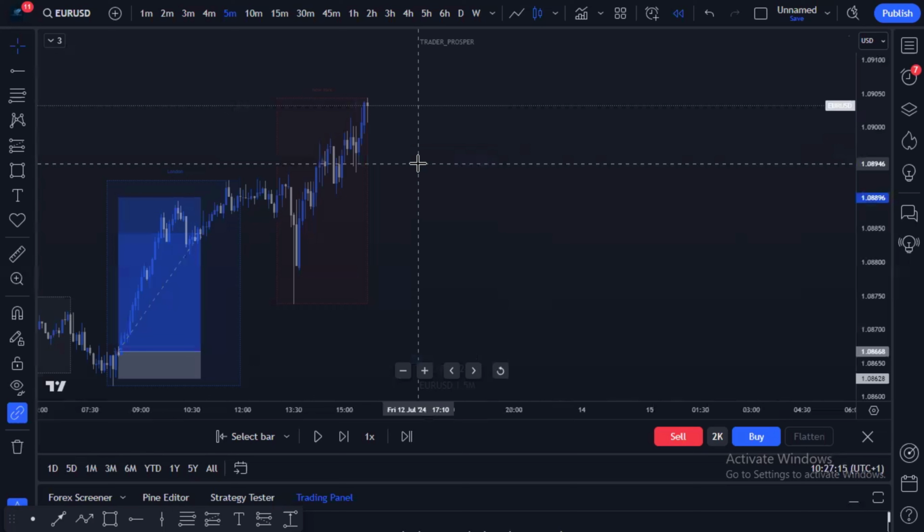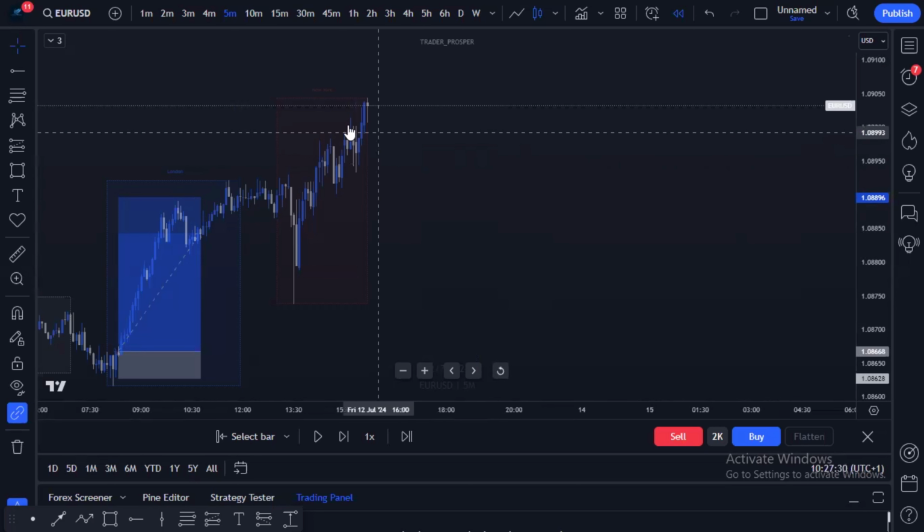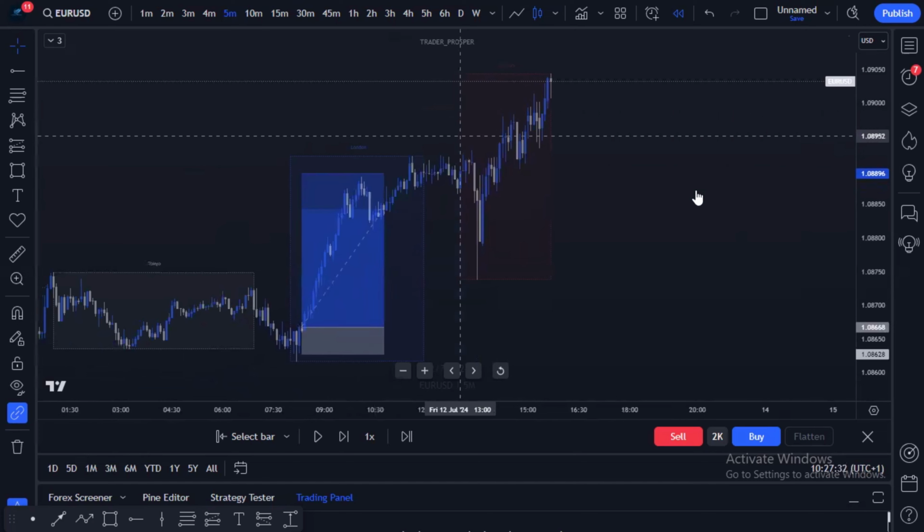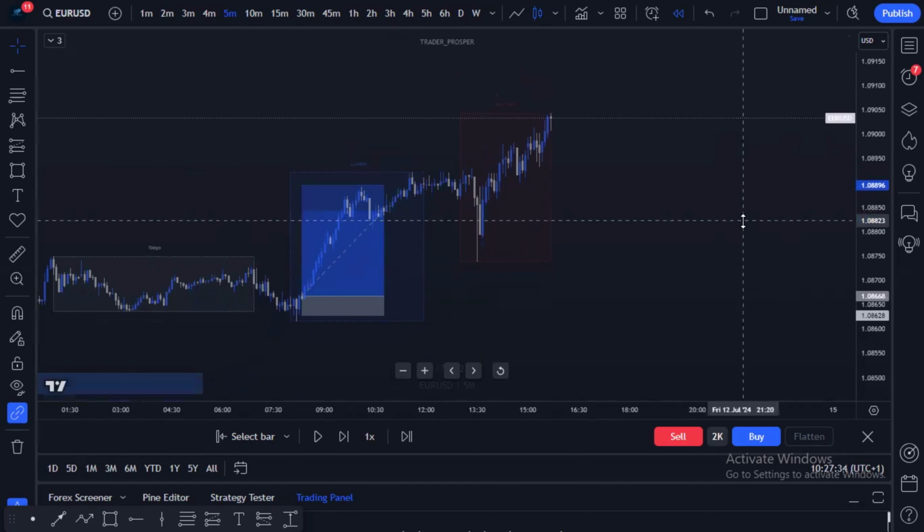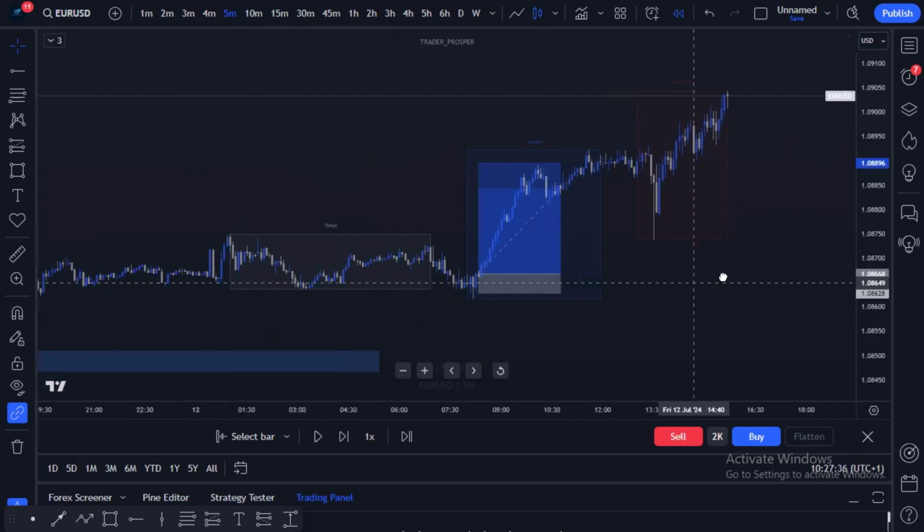So I literally did not only show you how to trade the liquidity cycle, but I also gave you further confirmation of how you can trade the order block on the 5 minutes with the 3 candle pattern I showed you guys. I didn't want to add that lecture here, but for the sake of the video I had to.